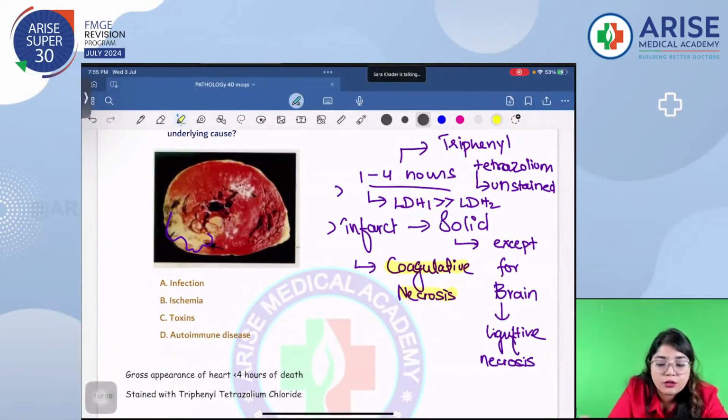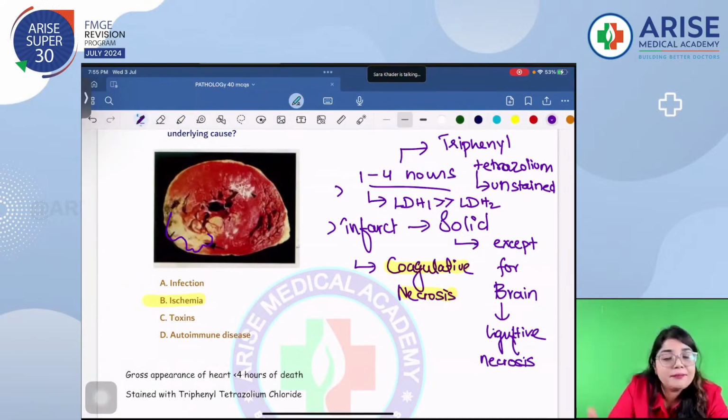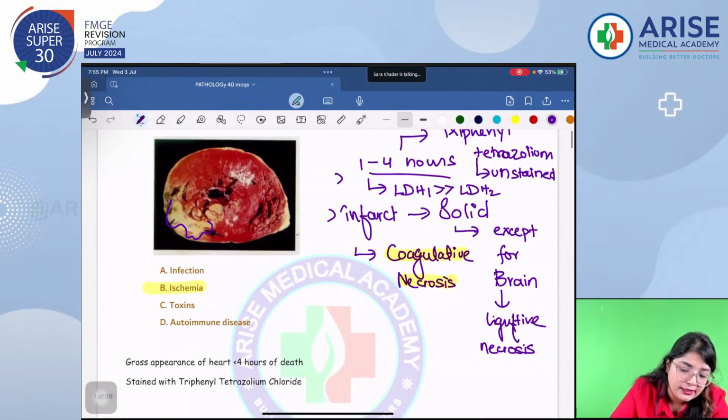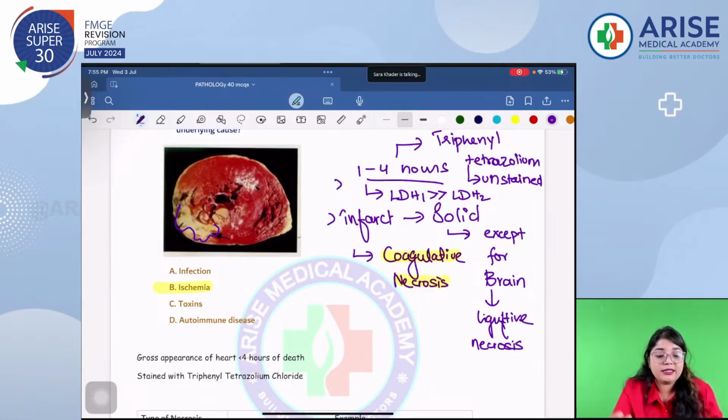And the most common cause of coagulative necrosis is ischemia. There must be some emboli or some thrombus due to which there is ischemia, right? Now, brick red color will color the stained area, where you have the presence of LDH1.